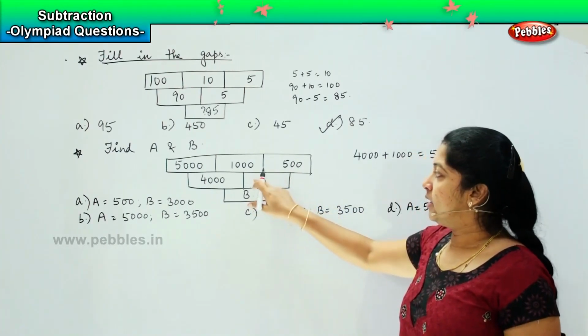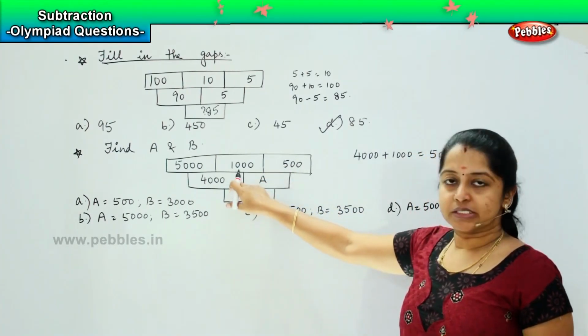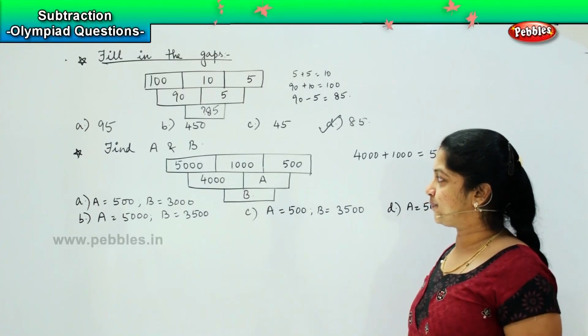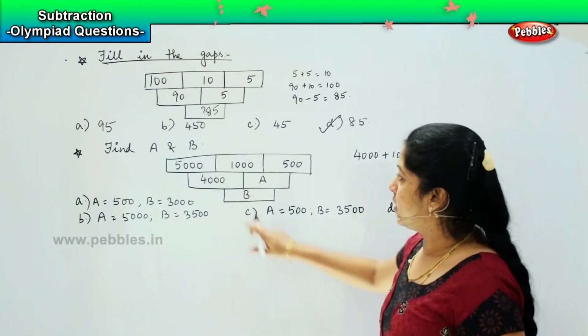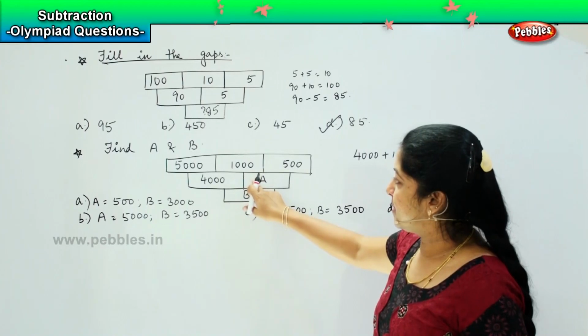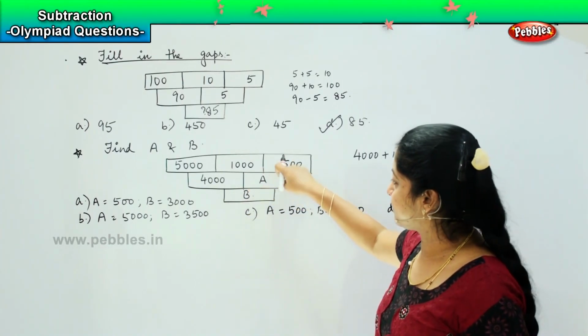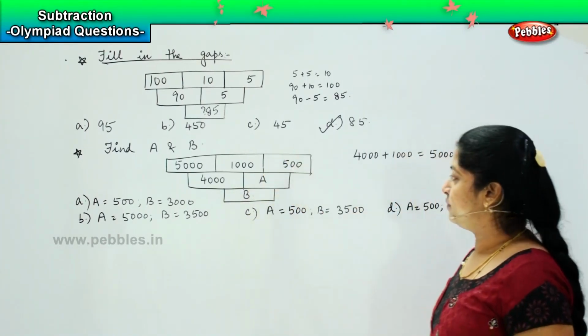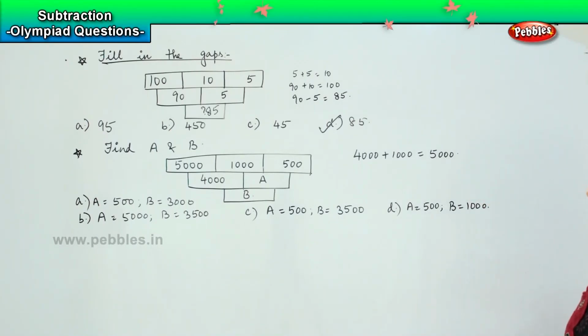If I add these two, I should get the answer 4,000. So the total of this plus this will give me the answer here. So what should be the answer, children? Just check and tell me.